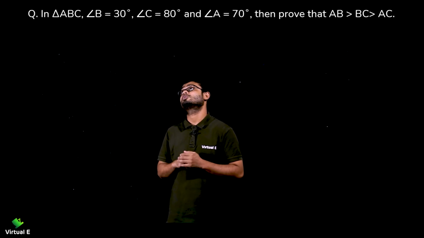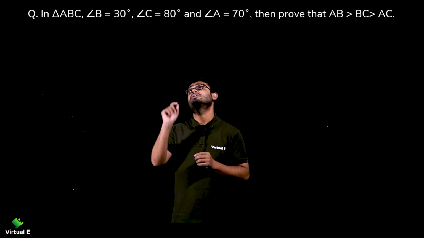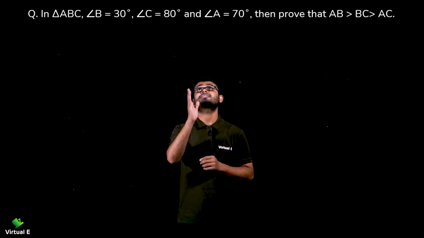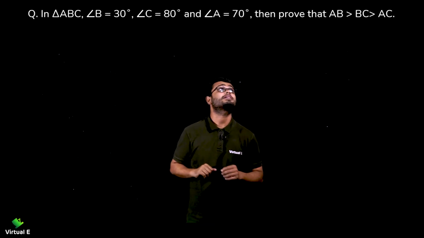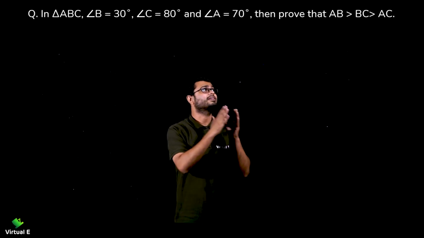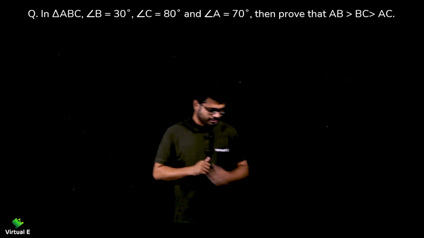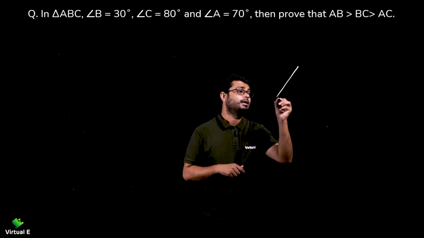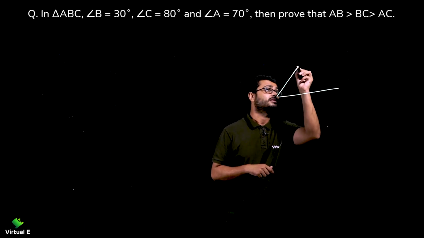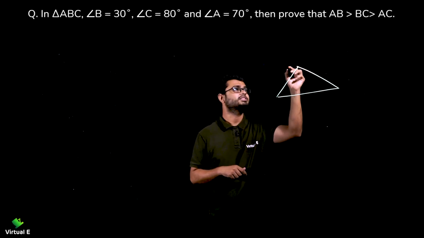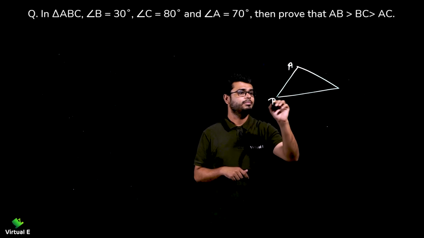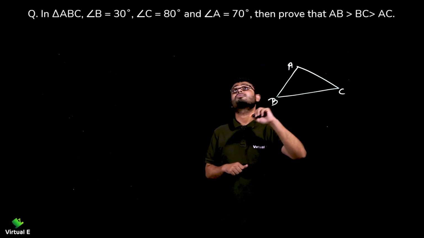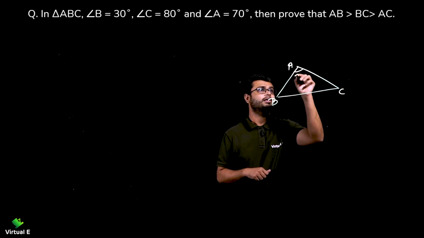Let's start with the question. In triangle ABC, angle B is equal to 30, C is equal to 80 and A is equal to 70. Then prove that AB is greater than BC, greater than AC. First of all, let's take one triangle and name it. It's given ABC, so let's write A, then B and C. So angle A is 70 degrees.